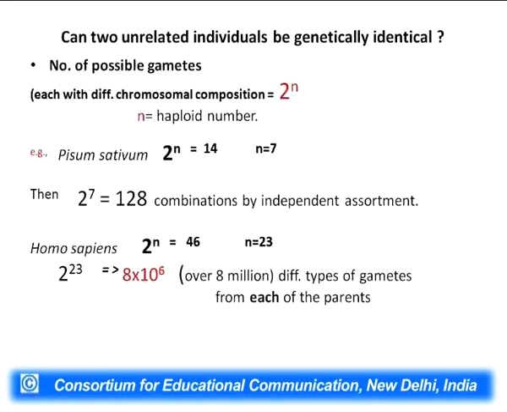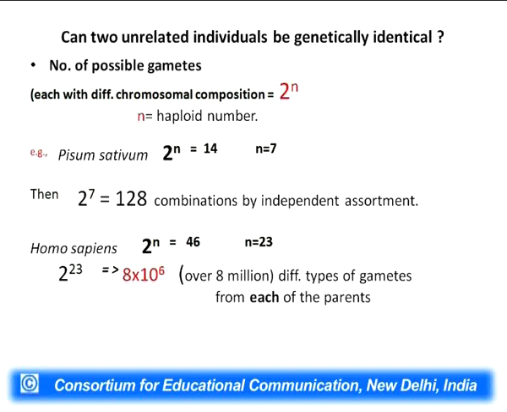Can we apply some mathematical laws to the question that we had asked? Let us try to calculate the number of possible gametes which can be formed. Obviously, these gametes would have different chromosomal composition, because they are products of recombination, meiosis, gametogenesis.